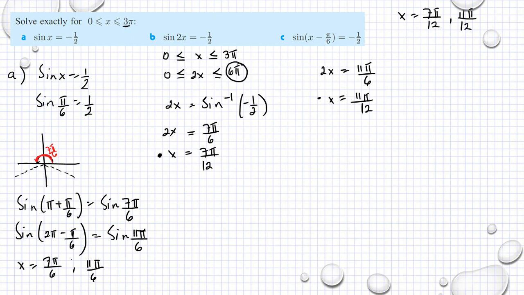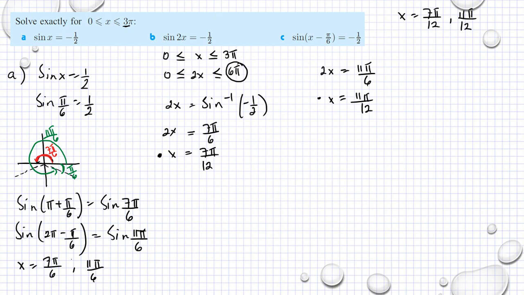And another, this one, that is 11 pi divided by 6. And this is pi divided by 6.